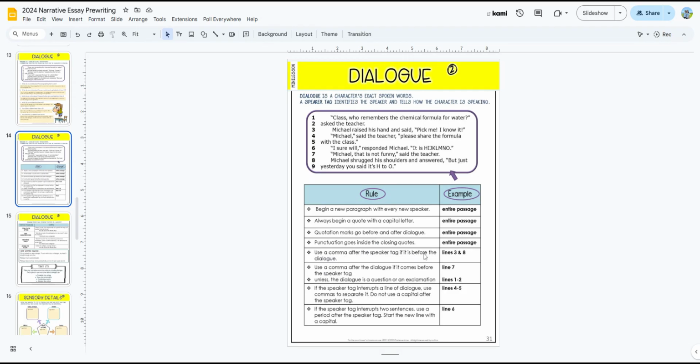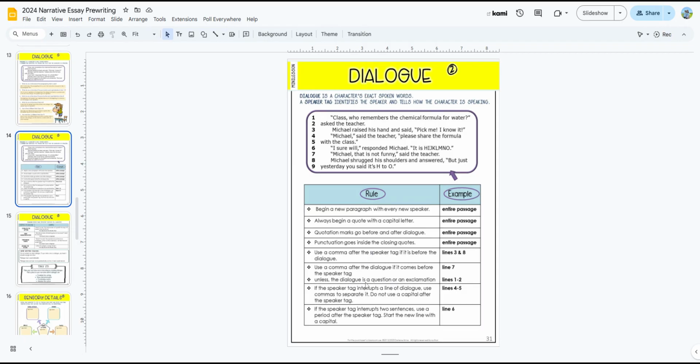We use a comma after a speaker tag if it is before the dialogue. So what lines was that? 3 and 8. In line 3 we have our speaker tag first, then a comma, and then our dialogue. Same thing in line 8. In line 7 it says use a comma after the dialogue if it comes before the speaker tag. So in line 7 we have a comma right here, and then we have our speaker tag.